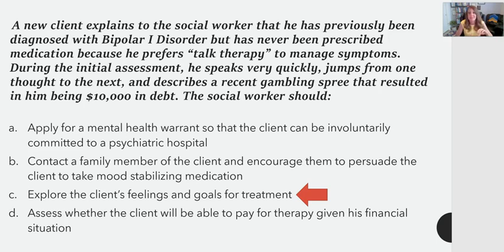And we're also not wanting to violate a client's self-determination and autonomy, which in this case, there is nothing that indicates a serious and imminent threat to the safety of himself or others. Maybe these aren't good actions, but people have a right to make bad decisions. And so there's nothing in this prompt that says that we need to escalate to inpatient care by any means. So we want to just start with exploring those feelings and goals.